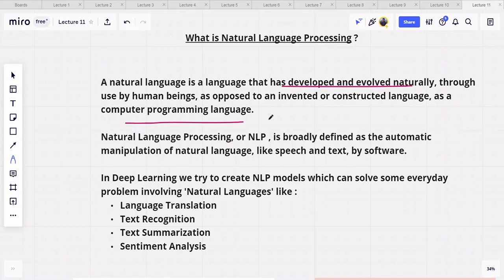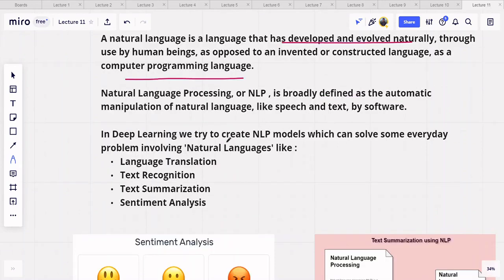Anything from language translation to text recognition to text summarization, anything that deals with natural language or textual data, comes under the NLP field. And in deep learning we create NLP models using recurrent neural networks.